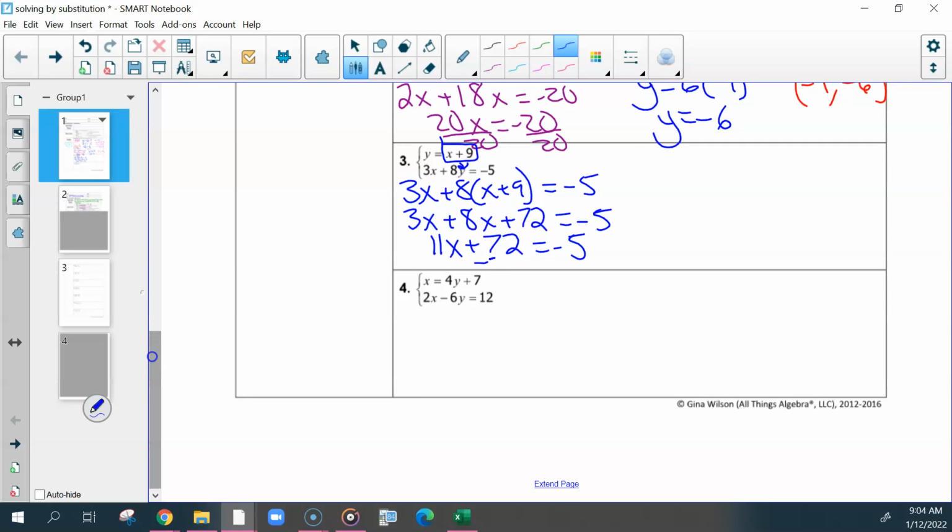Subtract 72 to the other side. And divide both sides by 11. So x equals negative 7.